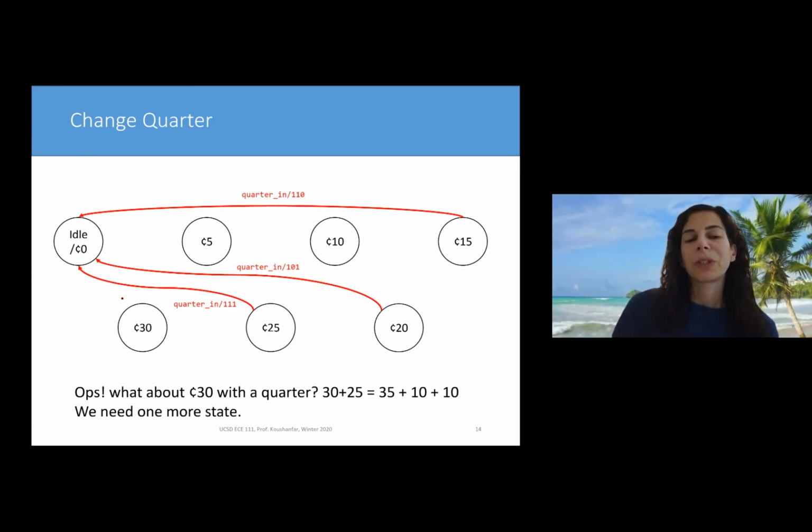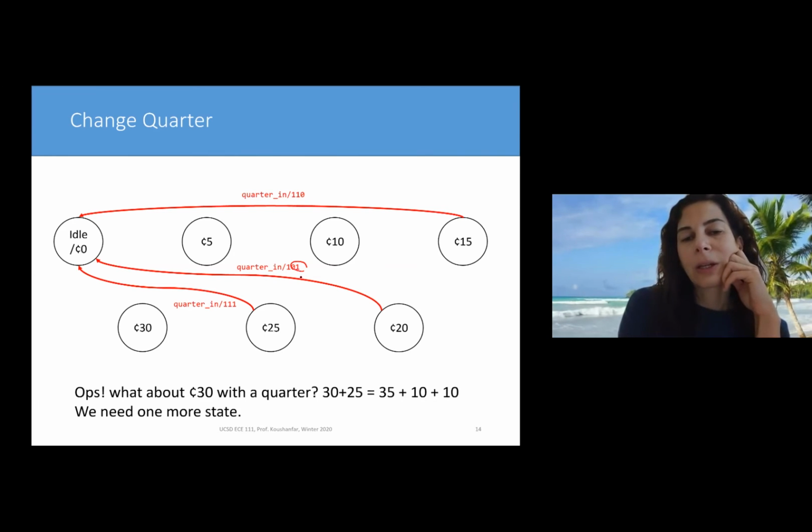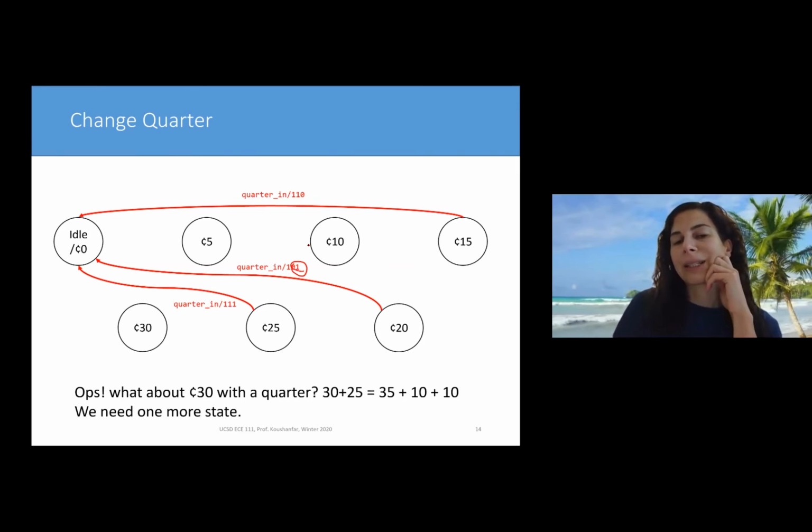In this scenario, I have to give out two 10 cents, which I don't have, because these zeros and ones give me the number of 10 and 5 cents that I'm dispensing. And if I'm dispensing two 10s, I don't have a state for that.